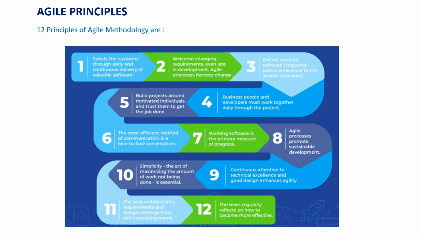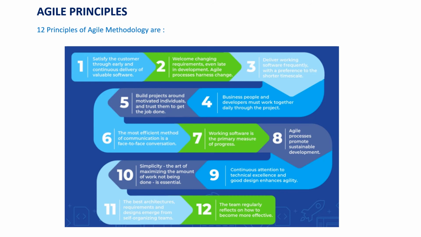Seventh principle, working software is the primary measure of progress. Eighth is agile processes promote sustainable development. Next principle says continuous attention to technical excellence and good design enhances agility.